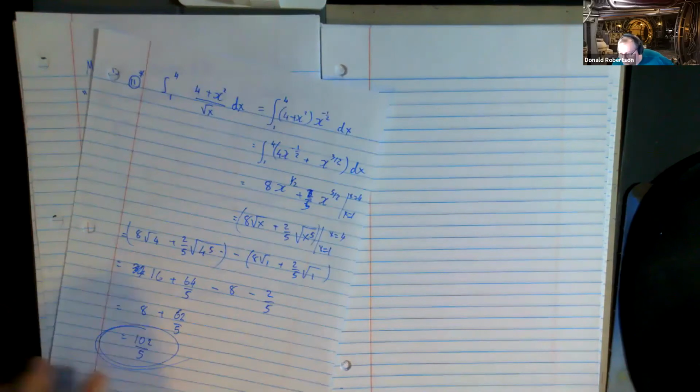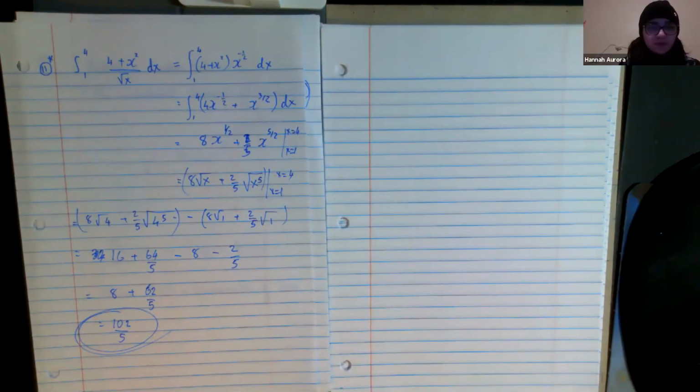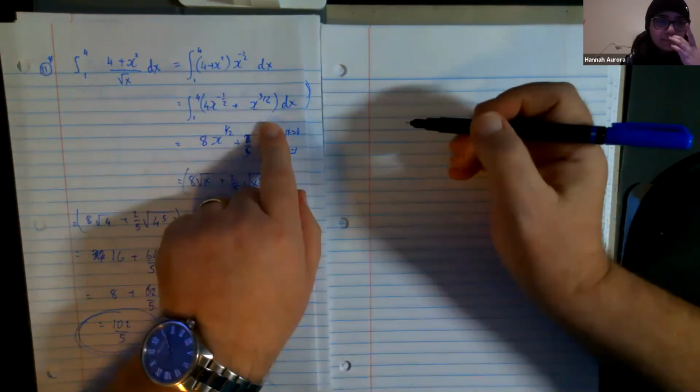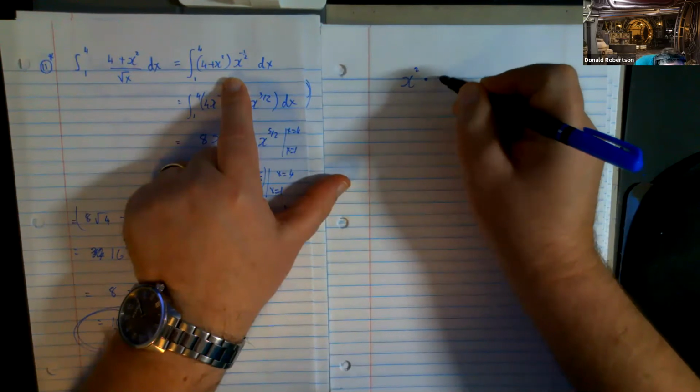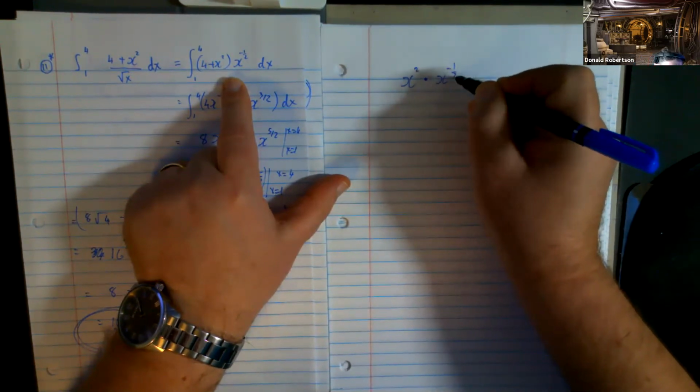Say again? How did you get 3/2 for the x to the 3/2 when you distributed the negative 1/2 to the x squared? Oh, well, I did x squared multiplied by x to negative a half.